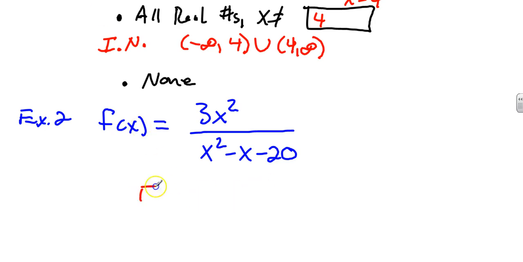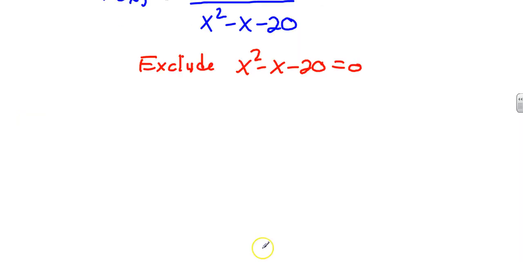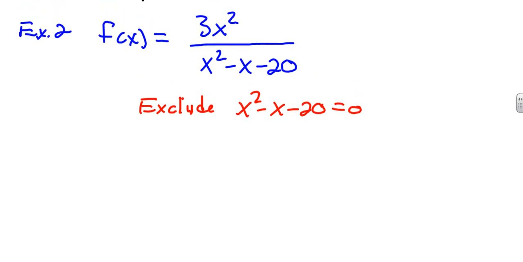Again, the big thing on this one is that we're going to exclude the denominator equal to 0. The only difference between this one and the other one is that this one you do have to factor first.